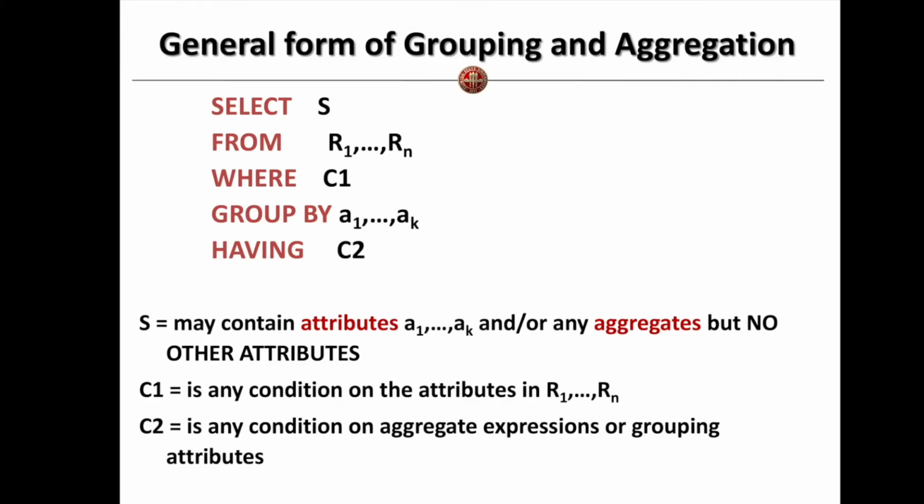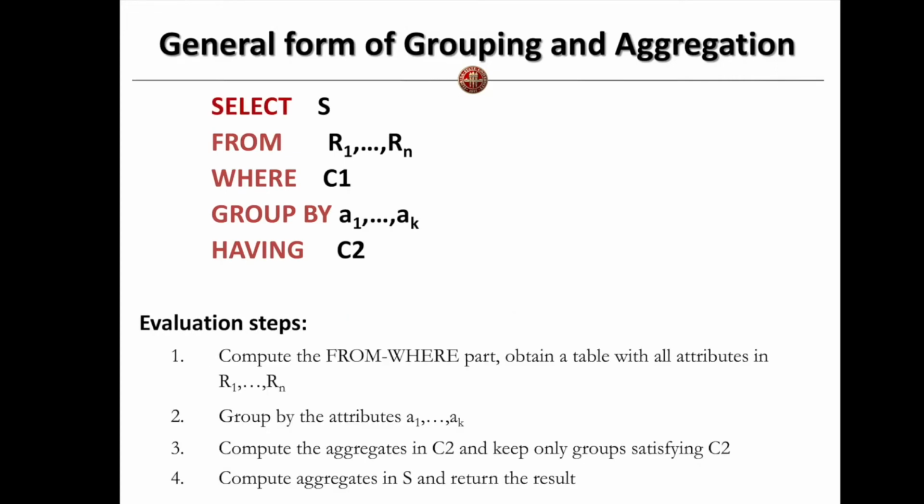So maybe it is very abstract for you. I can also show you the calculating process if we have a query like this. We have select S from R1 to Rn, where C1, group by A1 to AK, having C2. If we have a query like this, the evaluation process will have several steps. When we see a query like this, the first step is to compute the from-where part and obtain a table with all the attributes in R1 to Rn.